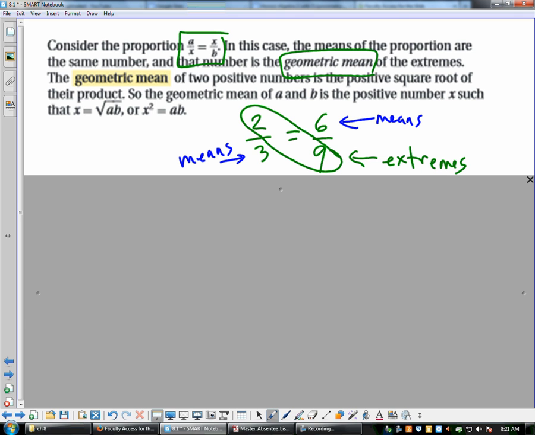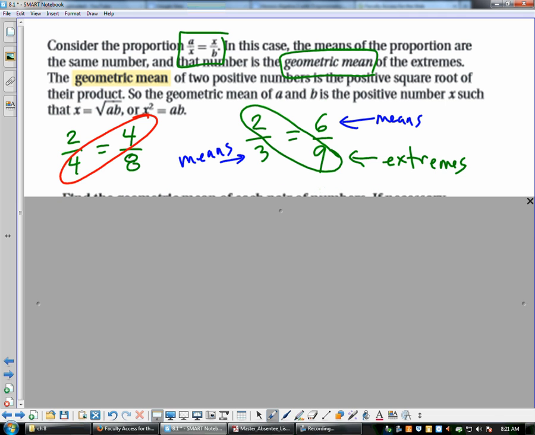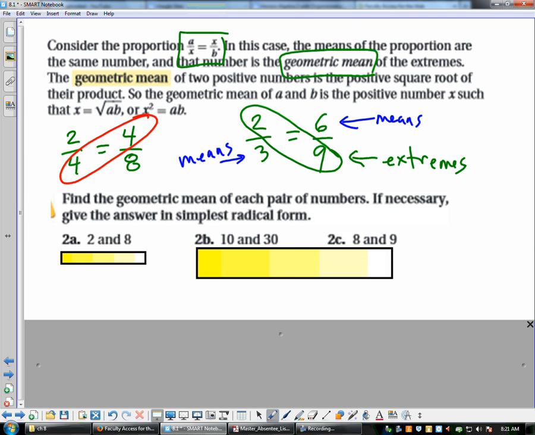In other words, if I say 2 is to 4 as 4 is to 8, is that a true proportion? Yes? So do you see that my means are the same here? So this is the geometric mean of 2 and 8, which would be 4 in my example.